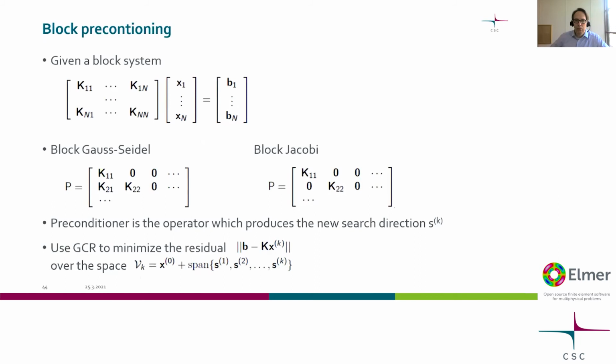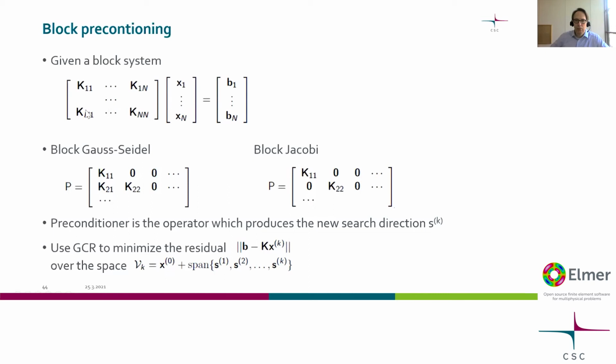So this is a more mathematical description. You have a block system. For instance, this would be a Navier equation, the linear elasticity equation. K11 would be the block 1 that is associated mainly to the first displacement, the x displacement, and K22 would be associated mainly to the y displacement.